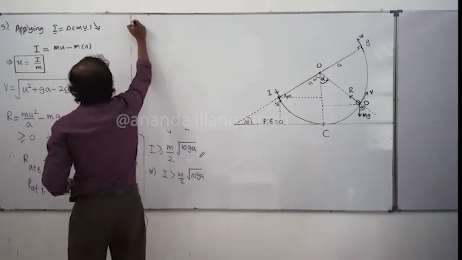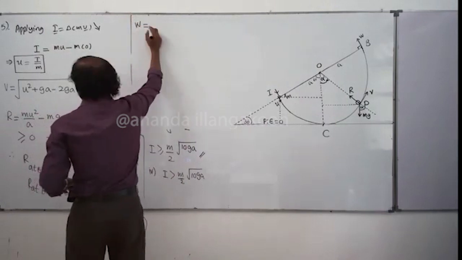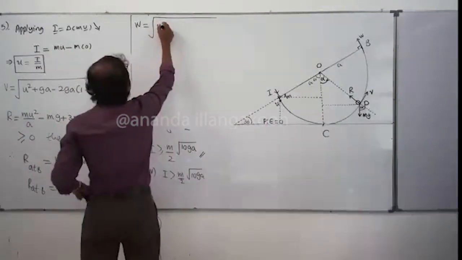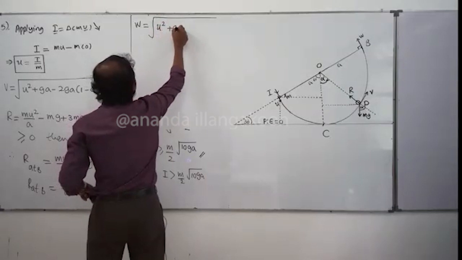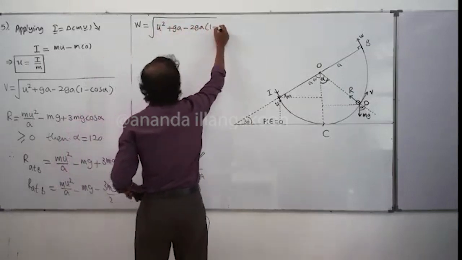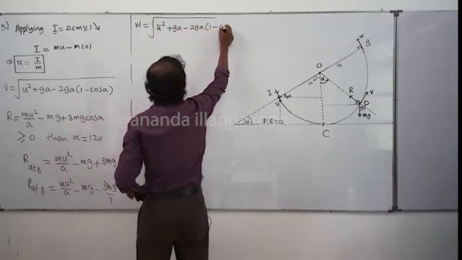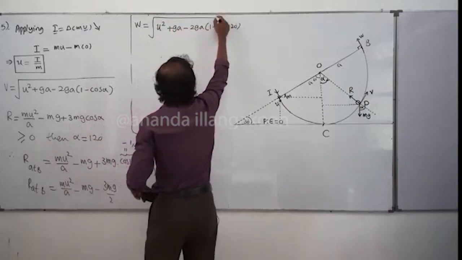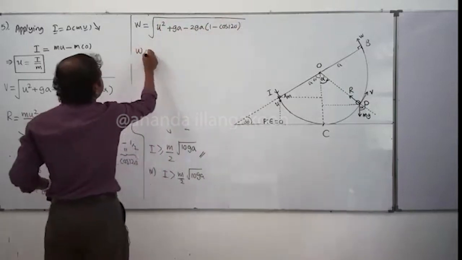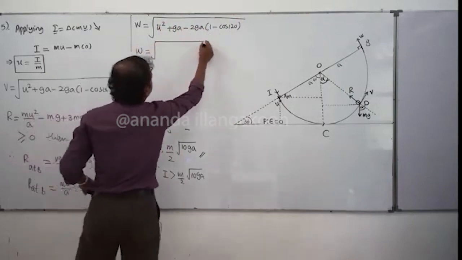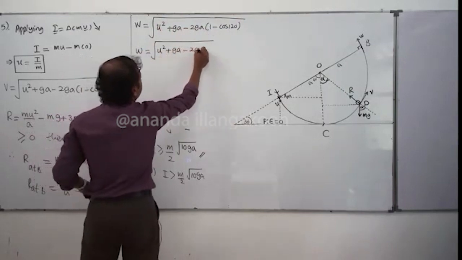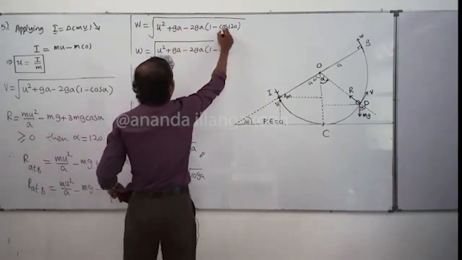W velocity we can write as square root of u square plus 2ga minus 2ga times 1 minus cos 120. W is square root of u square plus 2ga minus 2ga cos 120, cos 120 is minus half.